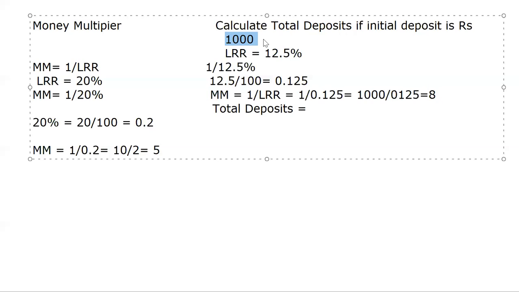Initial deposit is equal to 1000. Money multiplier has given us the value of how many times? It means 8 times. So total deposits would be equal to rupees 1000 into 8. It would be equal to rupees 8000.